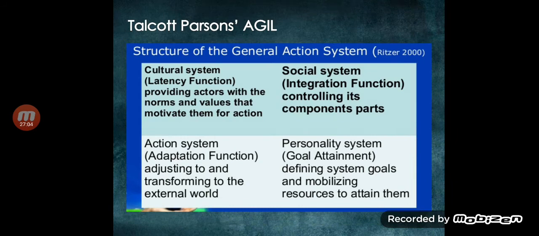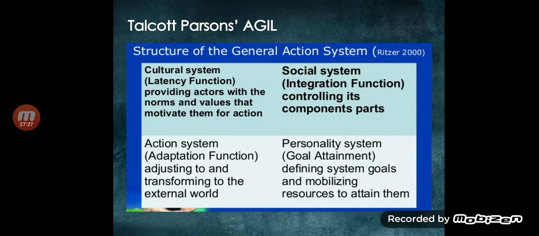Okay. So now, in order for this AGIL scheme to function and adapt to the action system, there are 4 systems to be considered. The very first one, the adaptation function, is the action system.